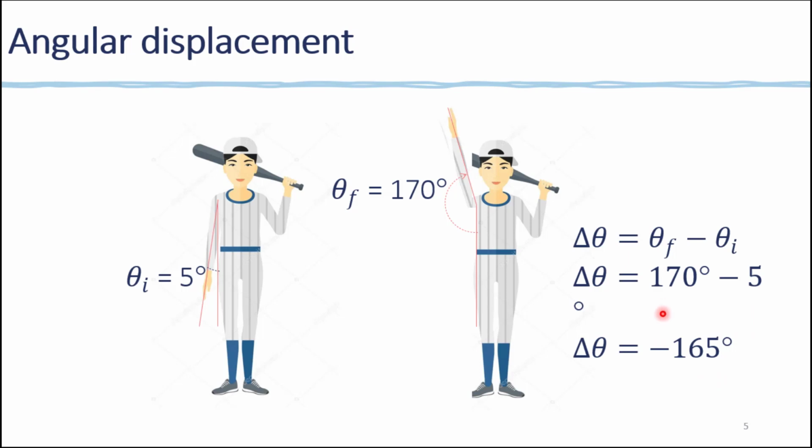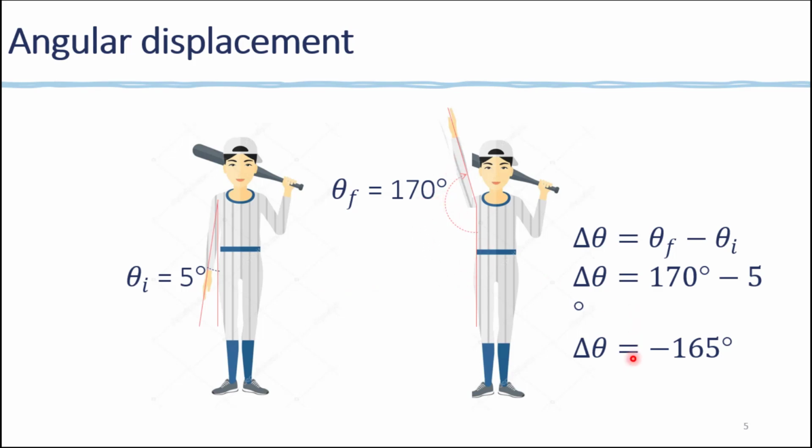Now that's the magnitude of the displacement, but remember that angular displacement is a vector quantity, so we also need to assign the appropriate direction here. And using the right-hand rule, if you point your thumb in the positive direction of the axis of rotation at the shoulder, so in this case, your thumb should be pointing towards you if you stick your hand right on that shoulder joint there, then you should establish that your fingers are curling in the counterclockwise direction, which means that this displacement going from 5 degrees to 170 degrees is in the clockwise direction.